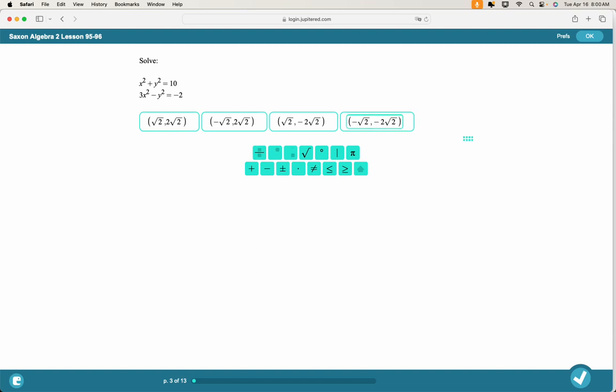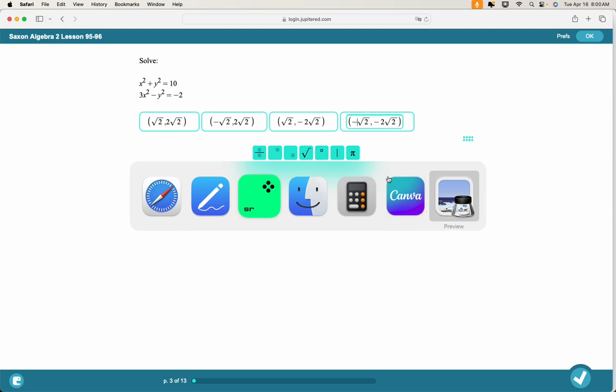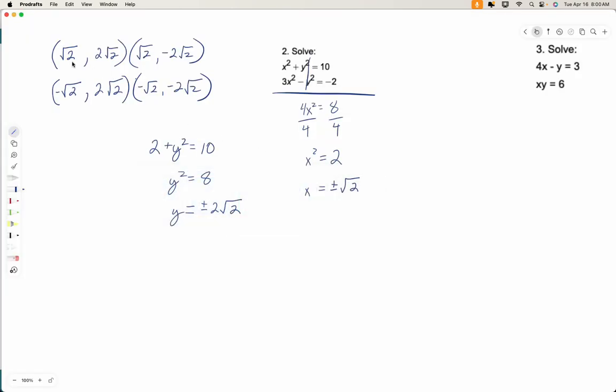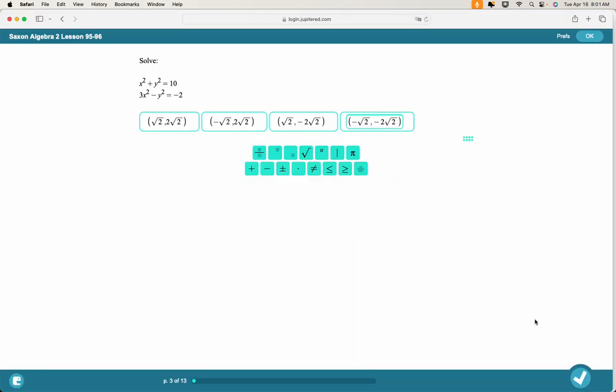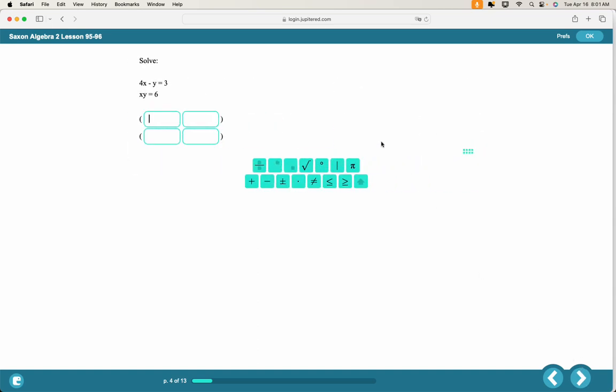So with positive, you get a positive. With the negative, you get a positive. With the positive, you get a negative. And with the negative, you get a negative. Those are all of our answers. So those are our 4 answers for this solution set. Let's check and see if they're right. And that's correct. Let's move on to the next problem.